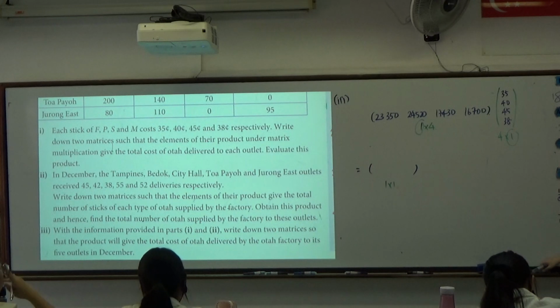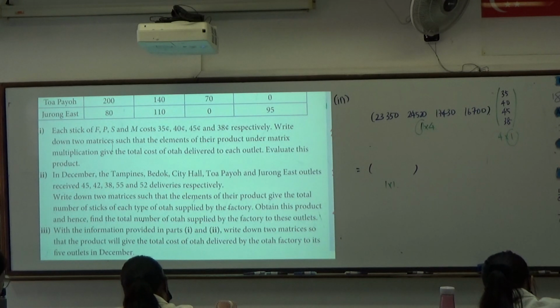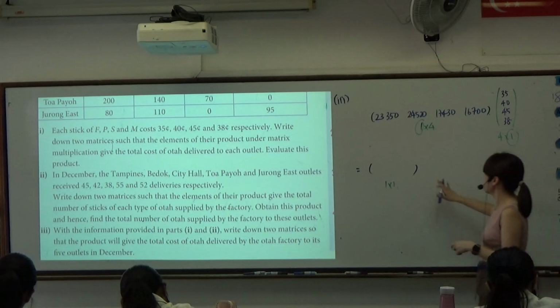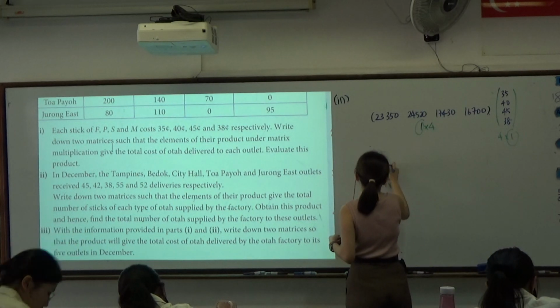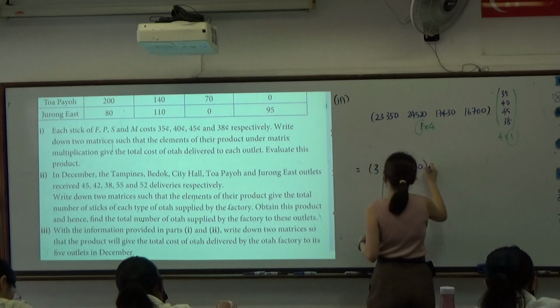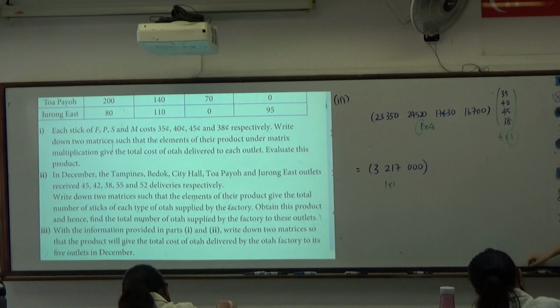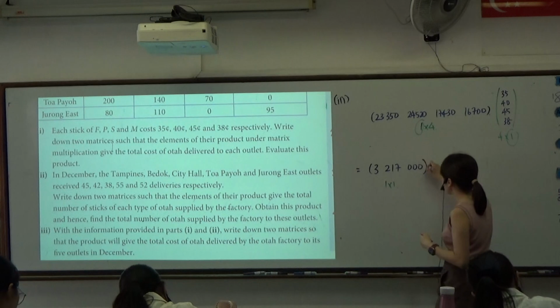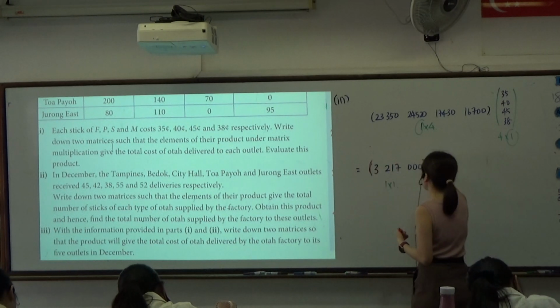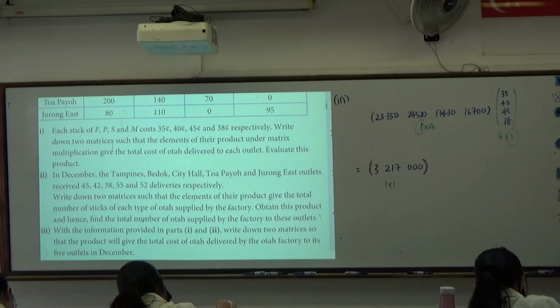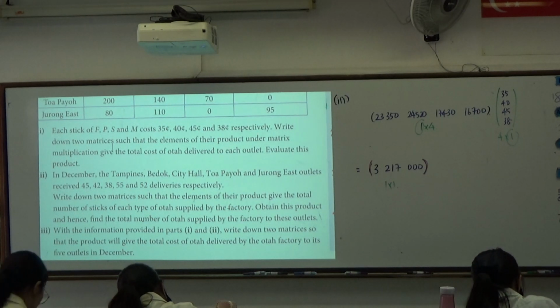Using our calculator, we will get 3217 and 3 zeros, and that will be your 1 by 1 matrix. The reminder is really to put in the brackets, because very often people tend to forget the brackets and forget that it is a 1 by 1 matrix.